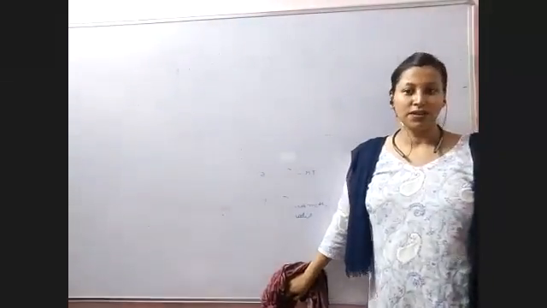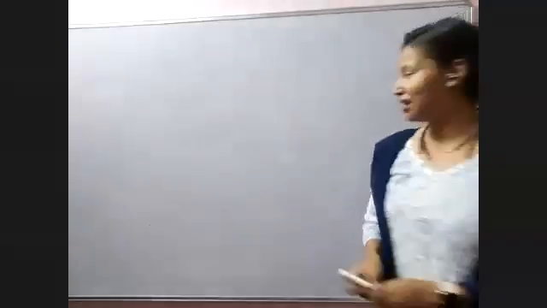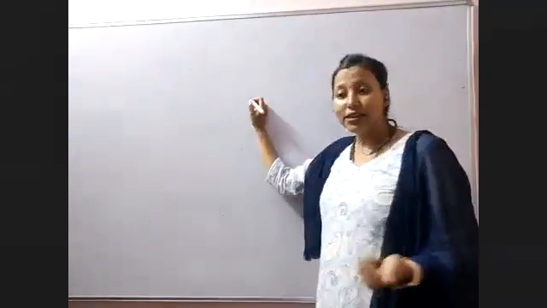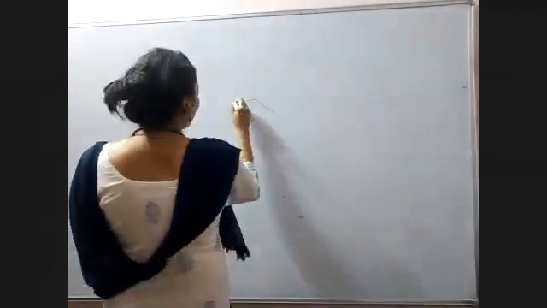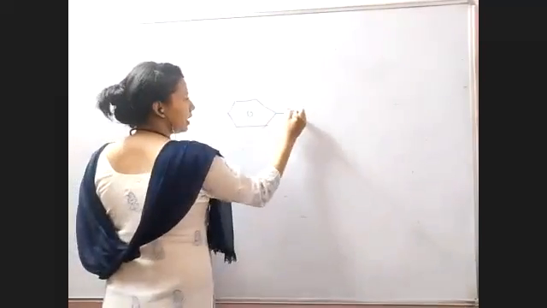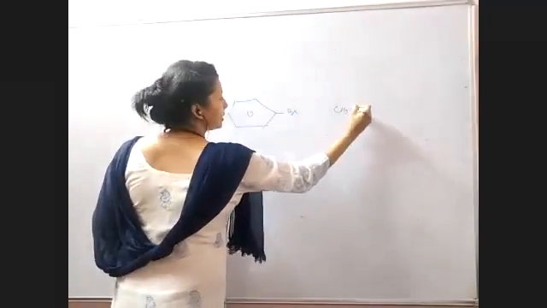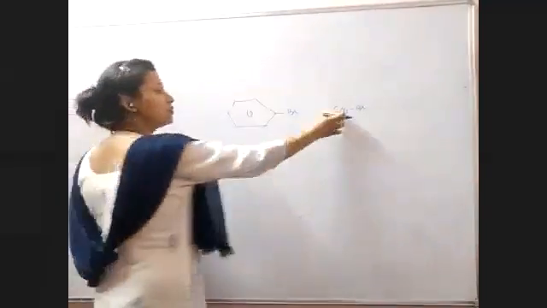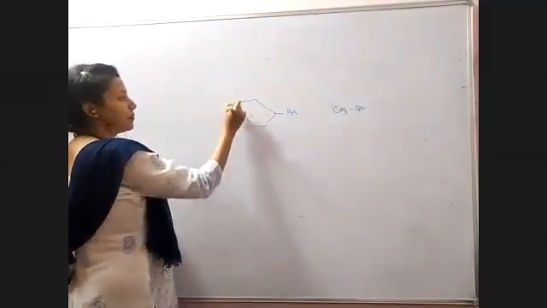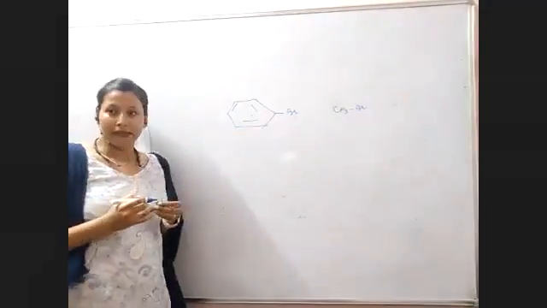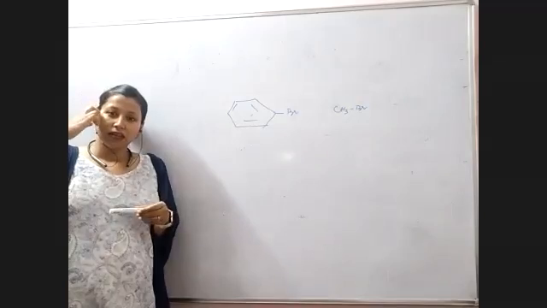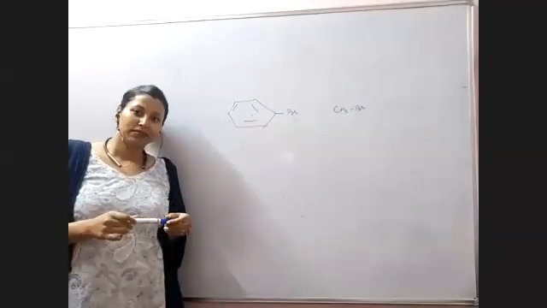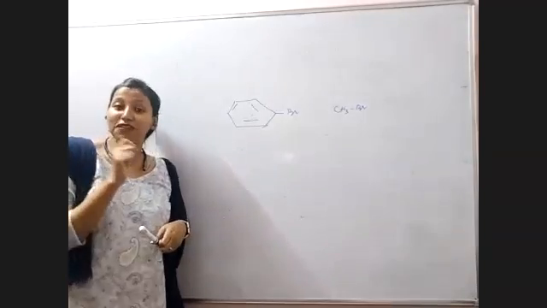Because I have done this with you. Aryl halide means benzene with a halogen. So I'm taking bromobenzene and I'm taking CH3Br. They are telling you that this is more reactive and this is less reactive. Why? I need the specific answer.